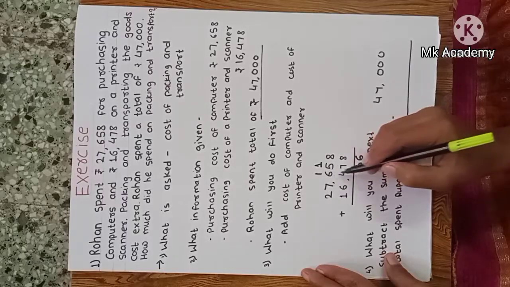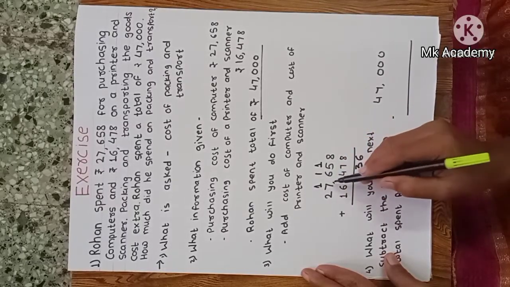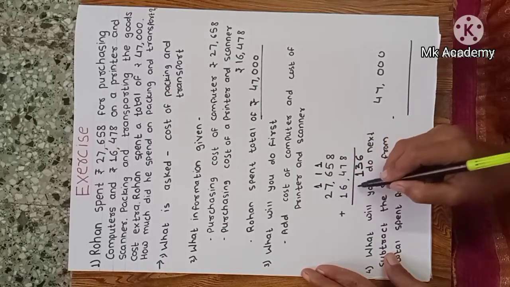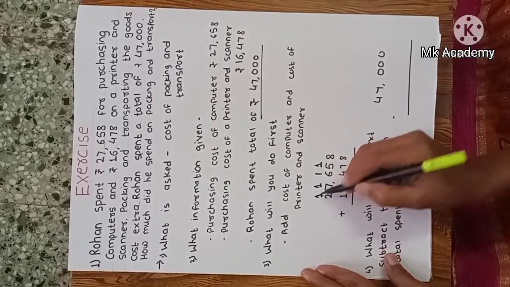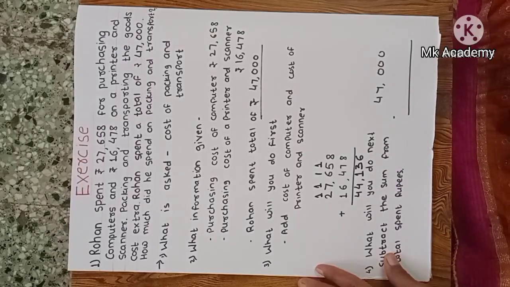See, 1, 6, 4, 11, write down 1, carry 1 here. Again 1, 7, 6, 14, carry 1 and 4, means the cost of computer and printer and scanner is 44,136.